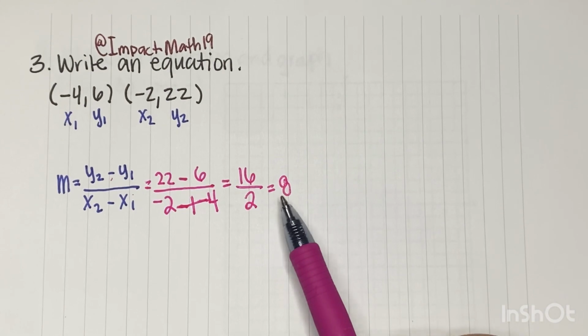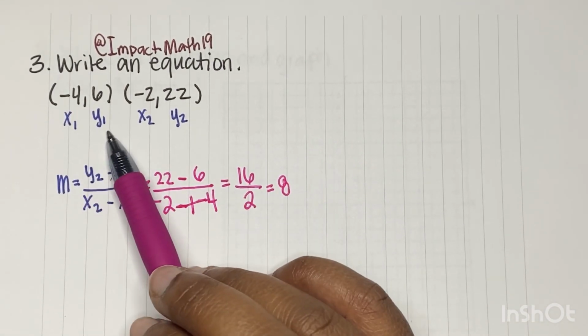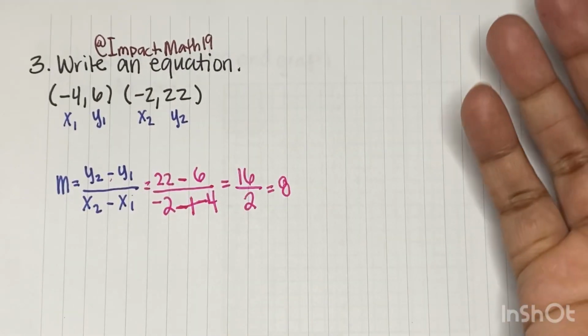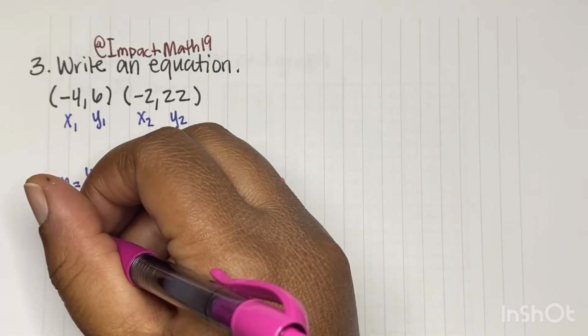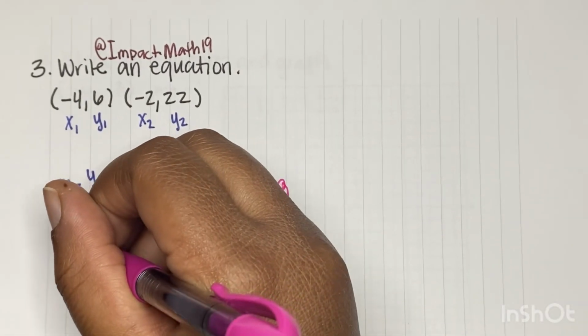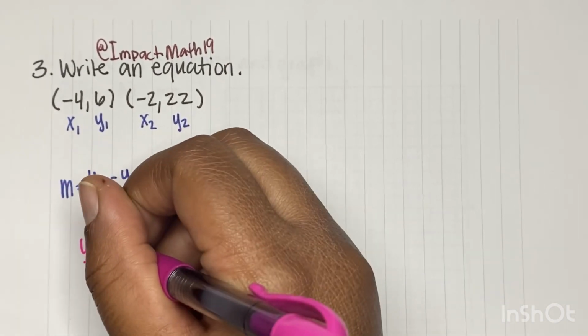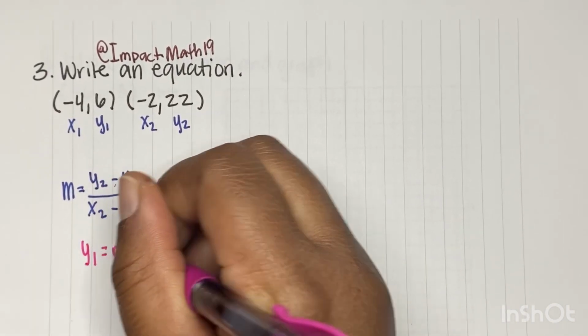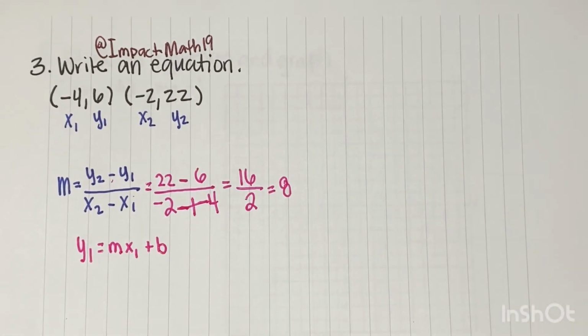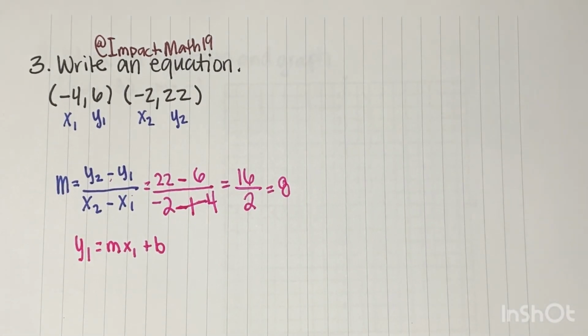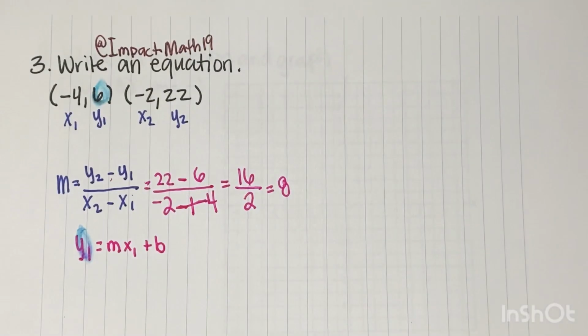So now that we know our slope is 8, and we have a point, we can use our slope-intercept form to write an equation. So we can use y1 equals m times x1 plus b, okay? And what I'm going to do is start with my y1, so I'm going to put 6 in for here.